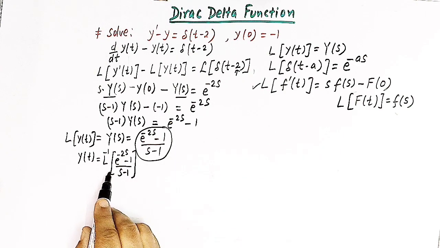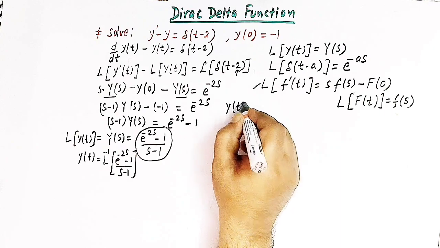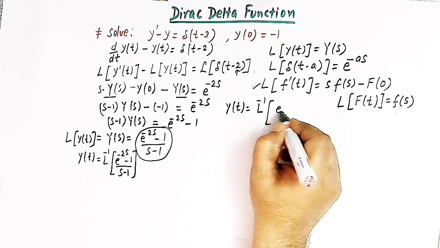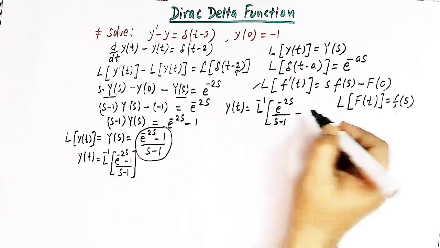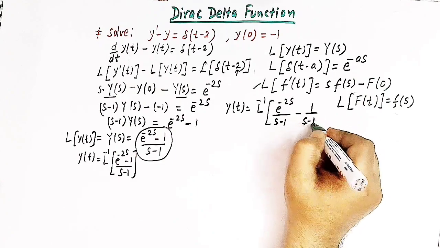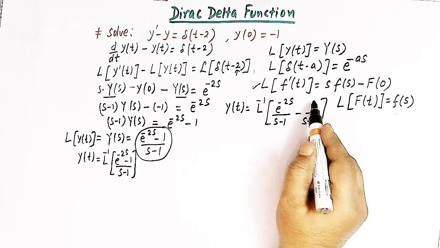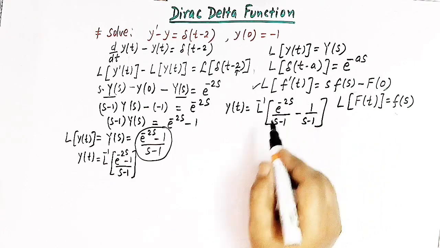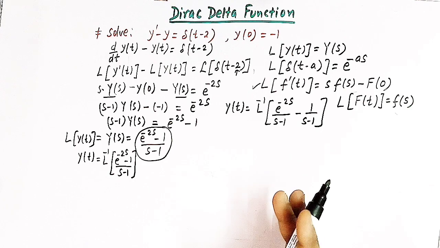So let us write this expression as y of t is equal to L inverse of e raised to minus 2s over s minus 1 minus 1 over s minus 1. We can split this as a difference of these two terms. And now we know that the inverse Laplace transform follows the linearity property.